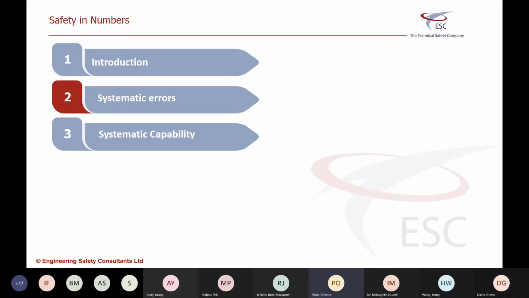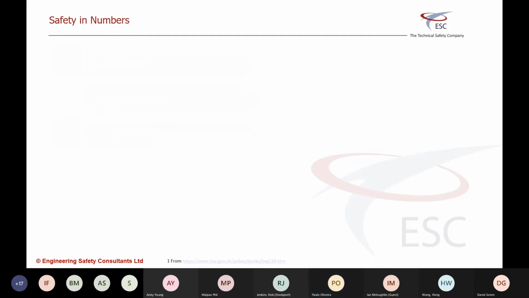Okay, so let's pause that thought. What are we missing? Let's talk about systematic errors. Quite a few years back, in 2003, the Health and Safety Executive conducted a research.